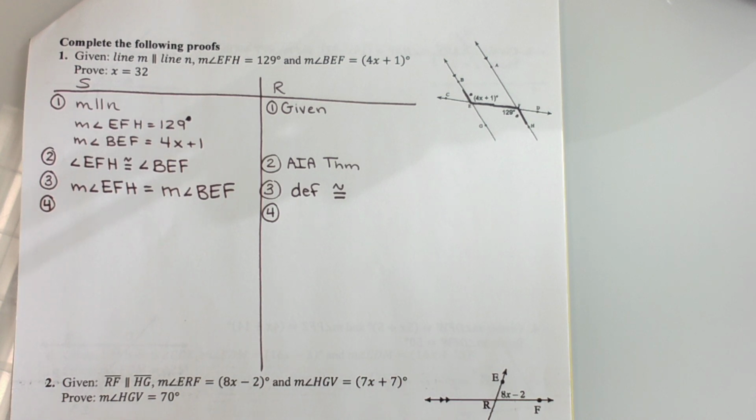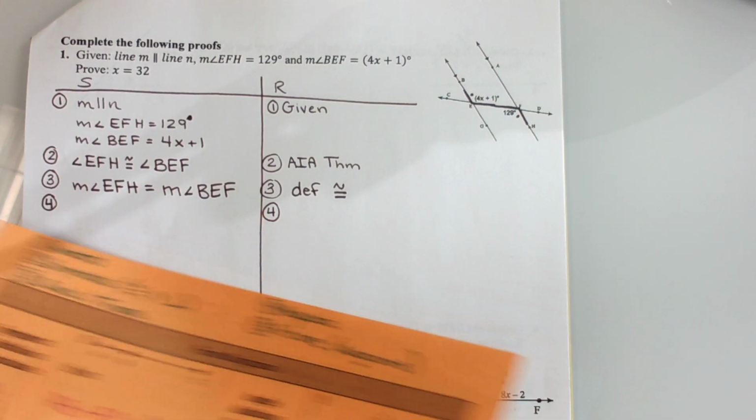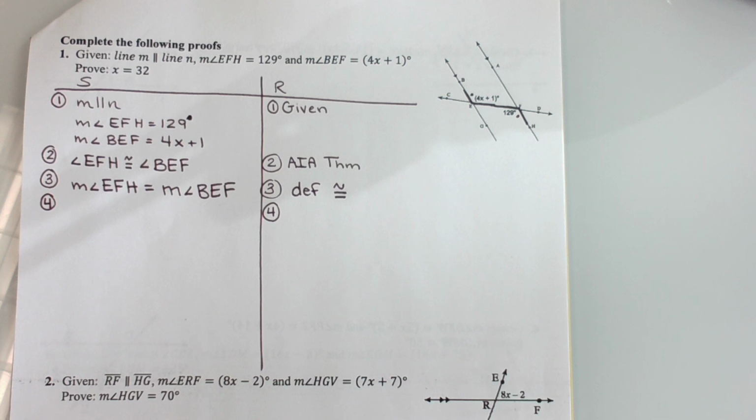If I don't know where to go next, I go back to my 5 things. I don't have words still. I took care of both symbols I have. The parallel and the congruent were taken care of. Parallel gave me congruent, congruent gave me equal. Third thing we look for: substitution or transitive properties. Do you see the same thing popping up in 2 places on the proof?